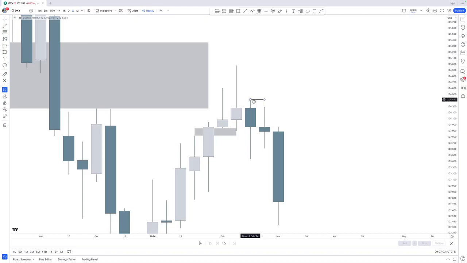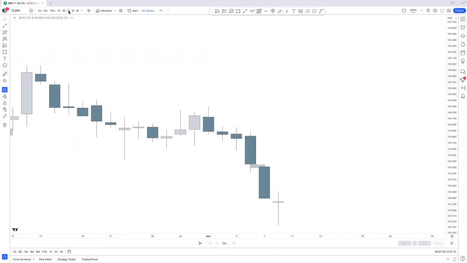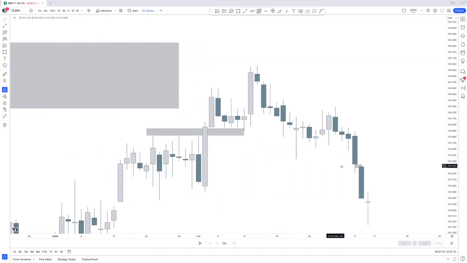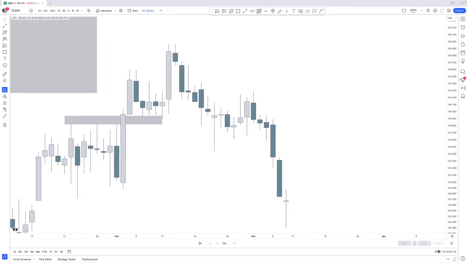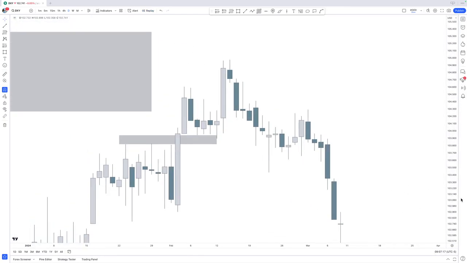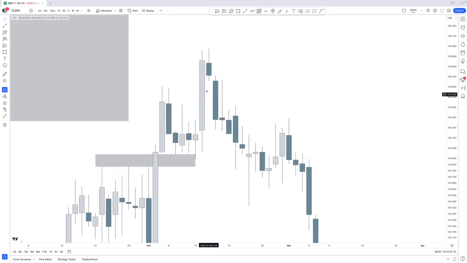Now, what we can do is go into the daily and understand the daily. What is the daily doing? How is the daily moving, relatively seen towards the weekly and the monthly as well? Now, on the daily, it was a little bit more difficult right here. And why is this a little bit more difficult? Because we don't really have any daily fair value gaps lower to deal with.